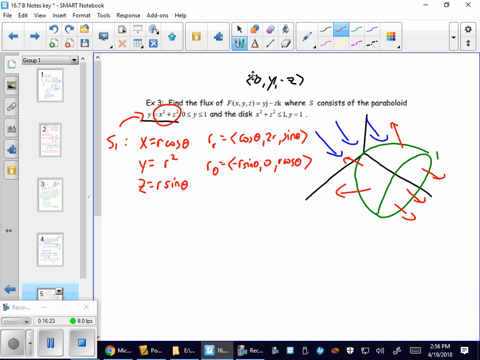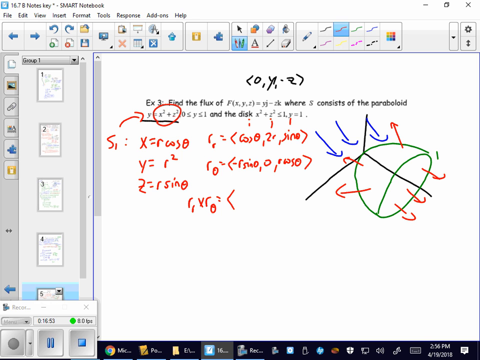We will need to cross these things and hope that we get a flux in the correct direction. Now this is the paraboloid portion, so we want the y direction flux to be negative. When we cross these things, we definitely want the y part to be negative. So I'm thinking we're just going to go r sub r cross r sub theta. If we get a y value that's positive, we just flip it and do the cross the other way. So let's see, i, j, and k.